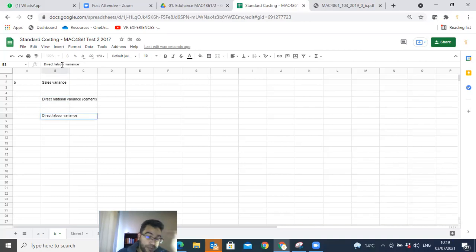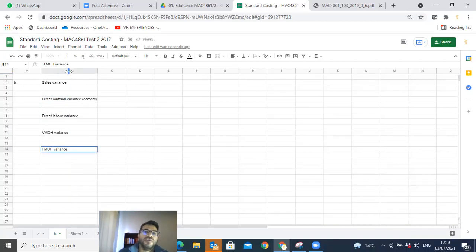And then what's another one? Variable manufacturing overhead variance, and there's going to be a fixed manufacturing overhead variance. Okay, so now we have the categories. Now we know each variance can be broken up into two: a quantity and a price.